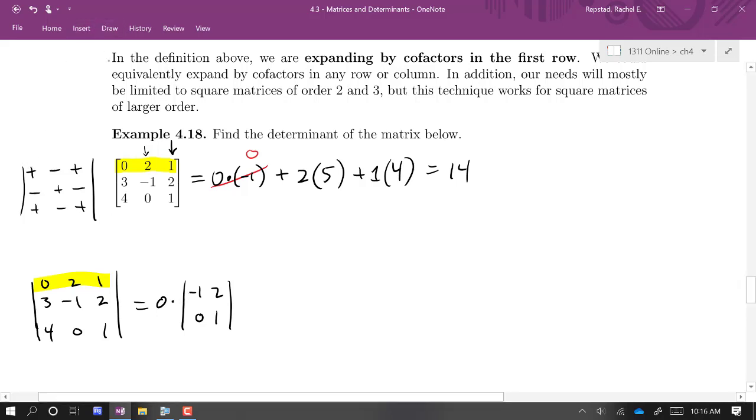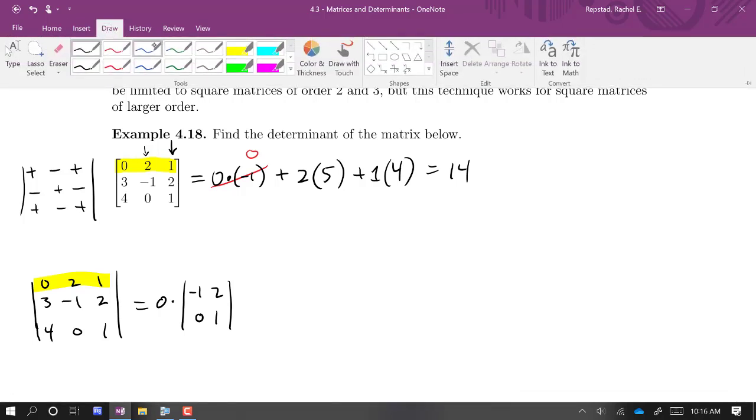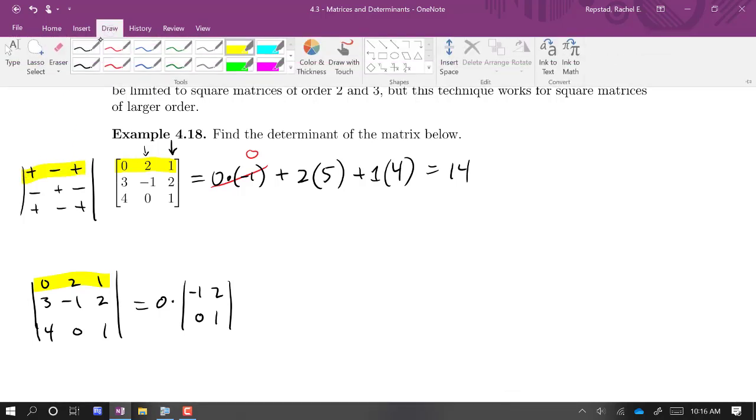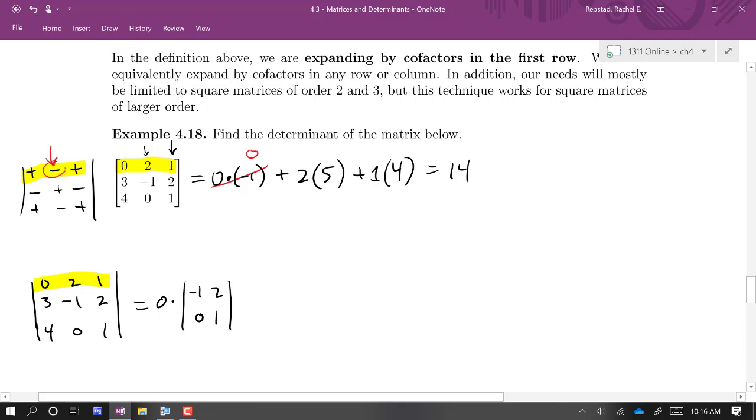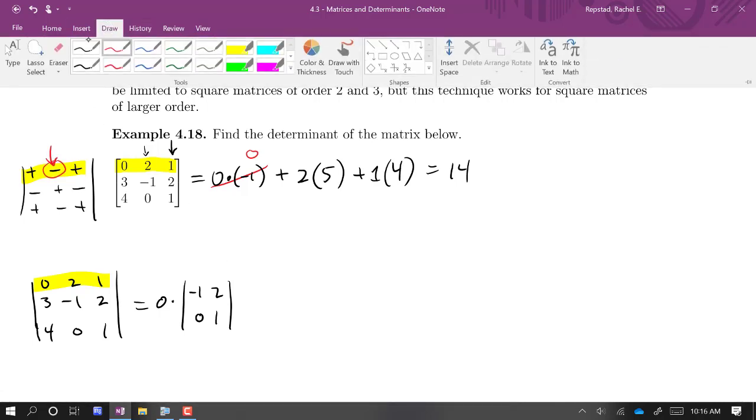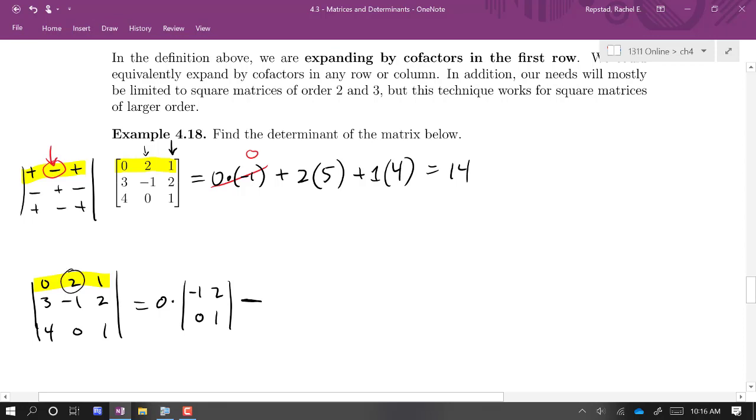Next, looking at the pattern of signs up here, that's a negative, so I'm going to subtract. Then I'm going to take this next entry, 2 times its minor. And if I eliminate that row and column, that leaves me with 3, 2, 4, 1. Next, in the row of signs is a plus, so I'm going to add. And then my next entry is 1 times its minor, which is 3, -1, 4, 0.